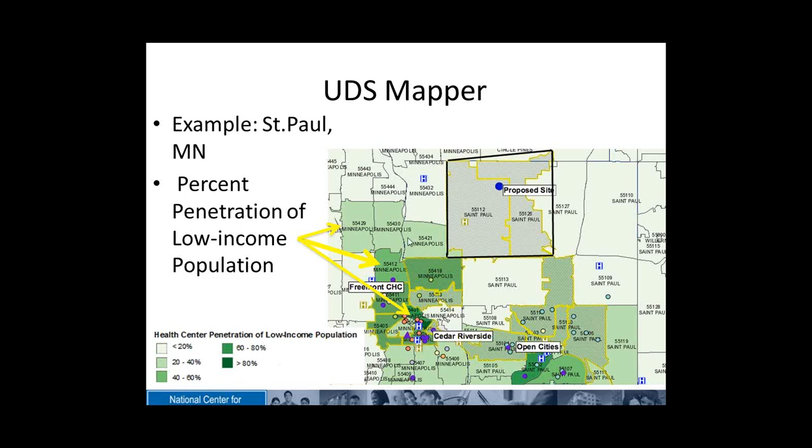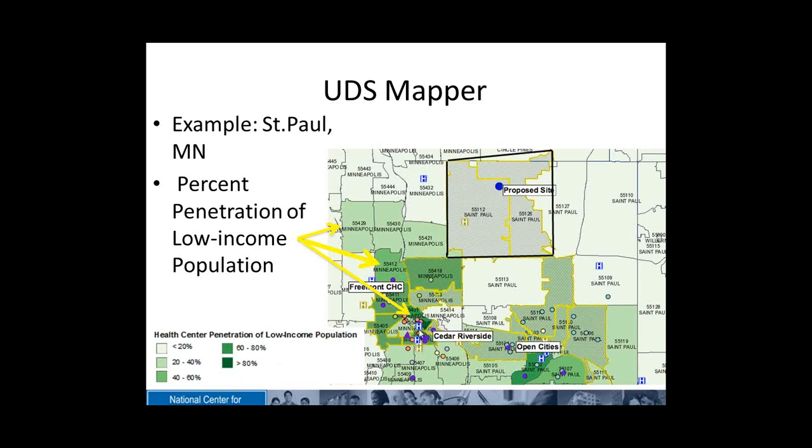So you see here the different shades of green indicate the penetration of low-income populations by these health centers in these areas. So there are several health centers in this particular area of Minneapolis, and not all of them are reaching these additional areas.